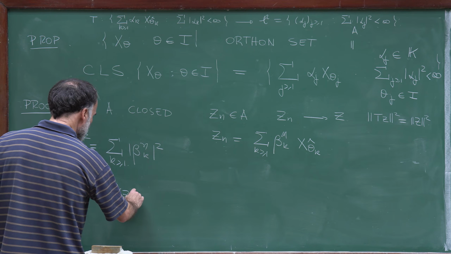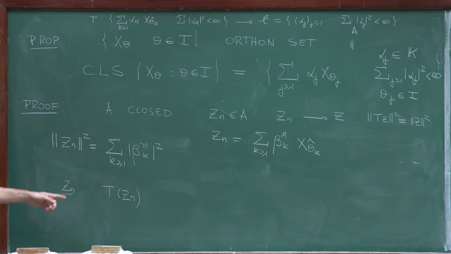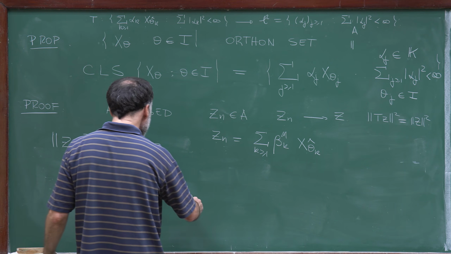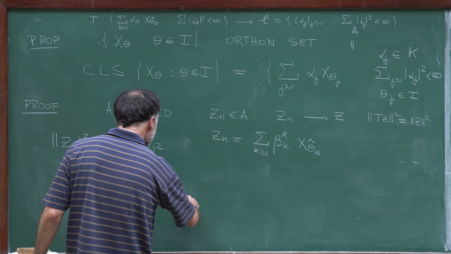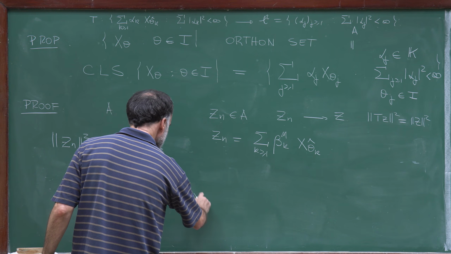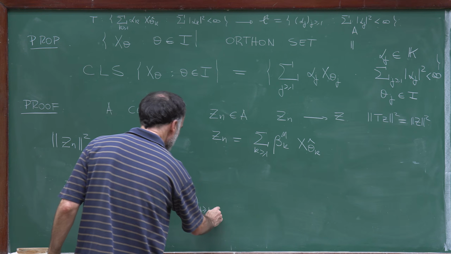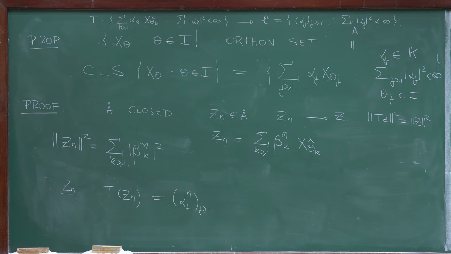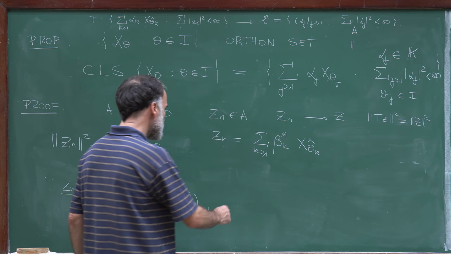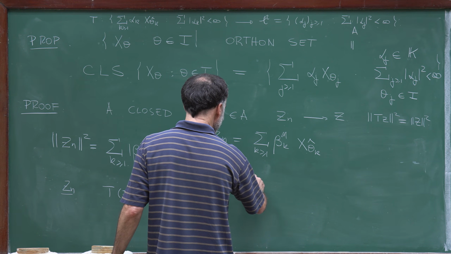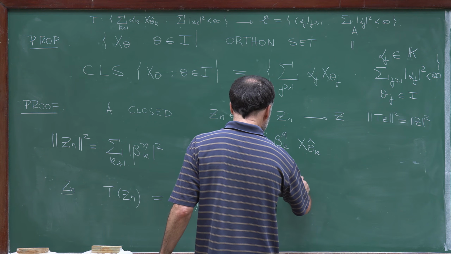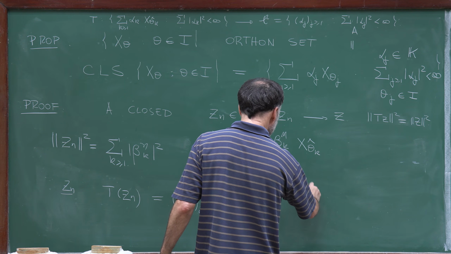Now I map Zn and get T of Zn, a sequence which I will represent by alpha n,j. Well, this is an isometry. So this means that the norm of Zn squared is equal to the norm of alpha n squared.